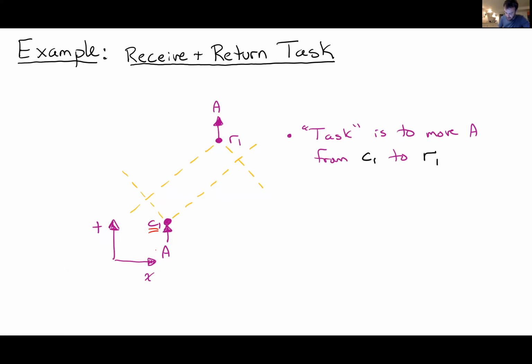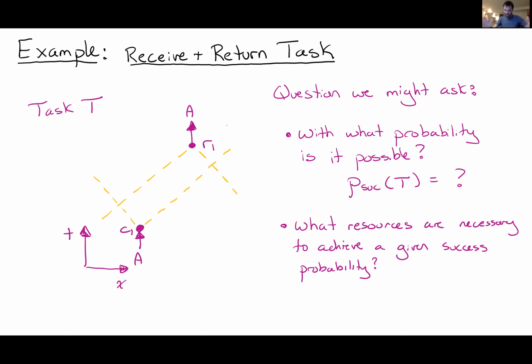There's a point here called the input point where Bob is going to give to Alice some quantum system A. And then up here, there's some output point where Alice's task is to give A back to Bob. So this is a very simple example of a task. Given a task, we can ask various different questions about it.